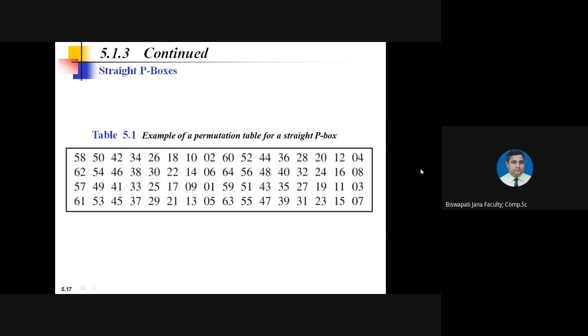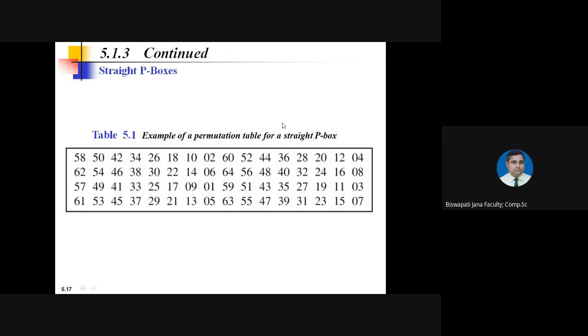But what if you use 64 bits? Suppose at the input level you have 64 bits, and this is the P box. What is the meaning of this P box?